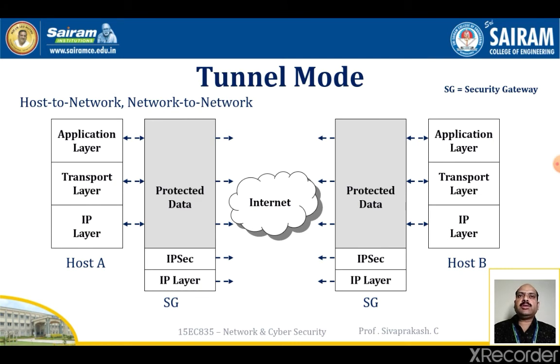No routers along the way are able to examine the inner IP header because the original packet is encapsulated. The new larger packet may have totally different source and destination addresses, adding to the security. Tunnel mode is usually used when one or both ends of a security association are security gateways, such as a firewall or router that implements IP security.